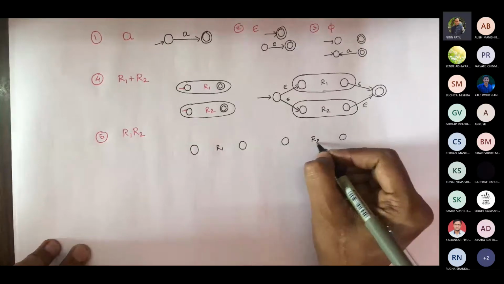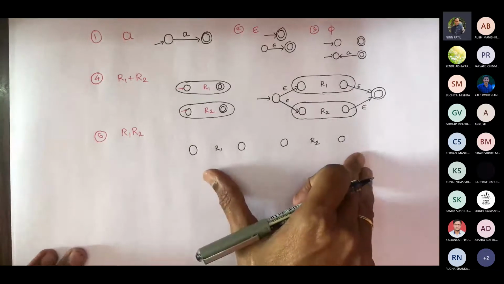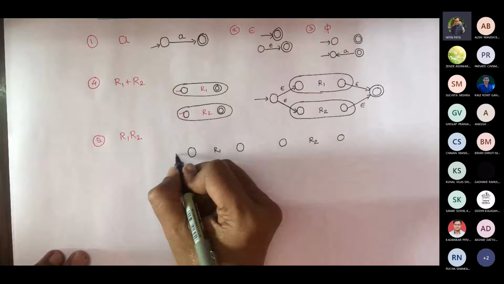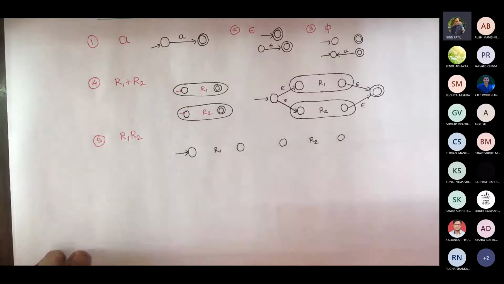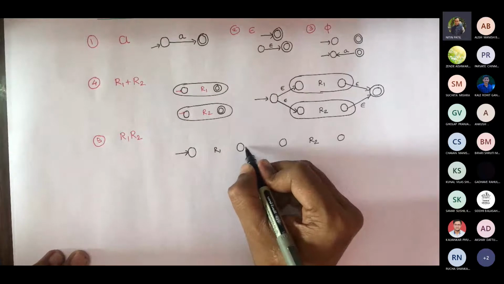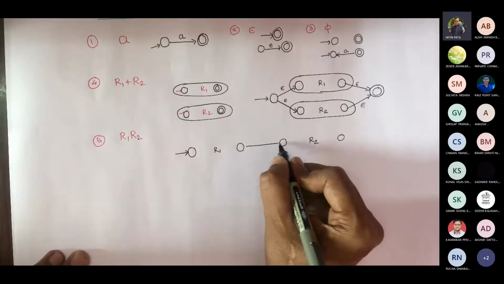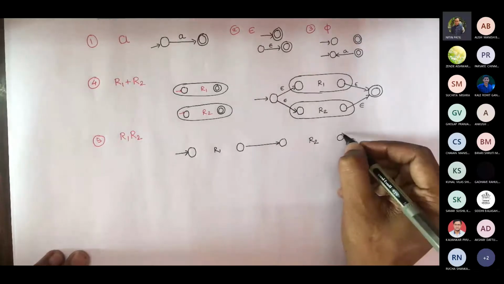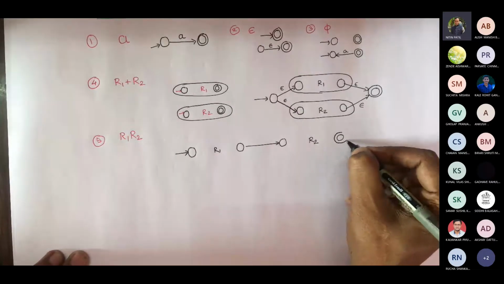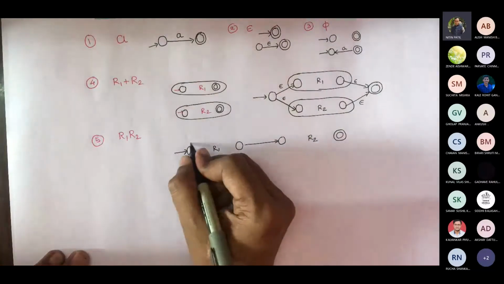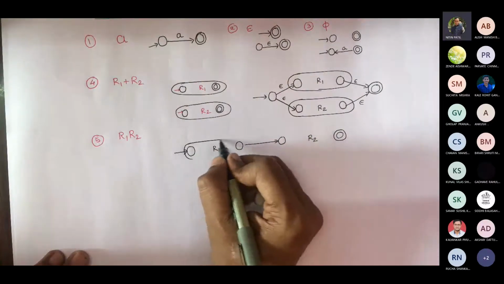Now in the new FA that you will be having for R1 R2, treat R1's initial as the new initial for R1 R2. Add a transition from final of R1 to initial of R2 and treat final of R2 to be final of the new regular expression. So this was your automata.